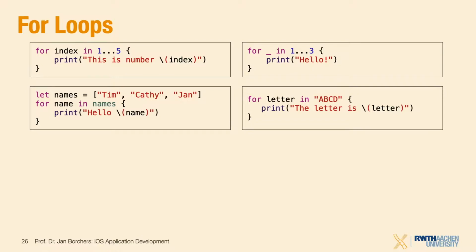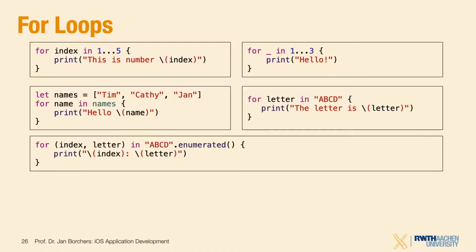Here's another example. You can do this with a string too, because a string is a collection. You can iterate over every element of a collection, so you can say for letter in ABCD, print out the letter, and it would go through each of these. Here's another example. If we use abcd.enumerated, that basically means it brings out the index for each letter and returns that as a dictionary entry.